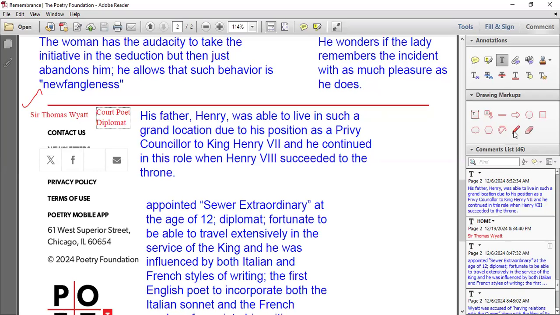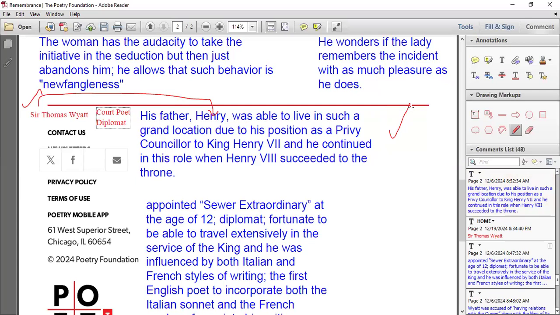Who is Sir Thomas Wyatt's father? His name was Henry, and this man held a very important position. He was a privy council member to King Henry VII.